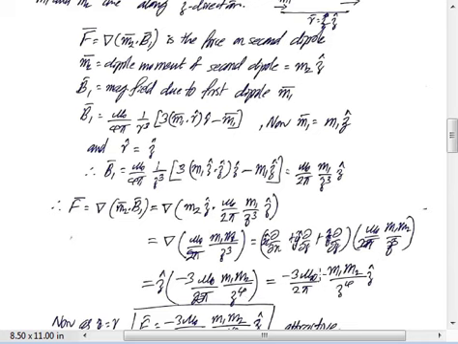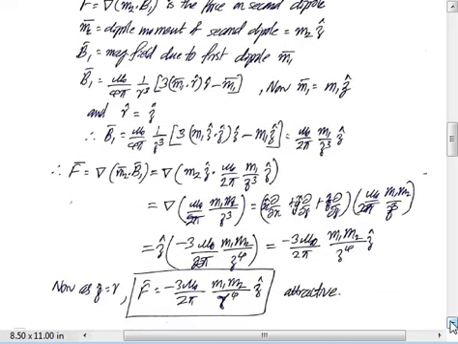So minus 3 mu 0 by 2 pi into m1 m2 by z raised to 4 z cap. Now as z is equal to r, we can write F is equal to minus 3 mu 0 by 2 pi m1 m2 by r raised to 4 into z cap. The force is in the negative z direction, so it is attractive in nature.